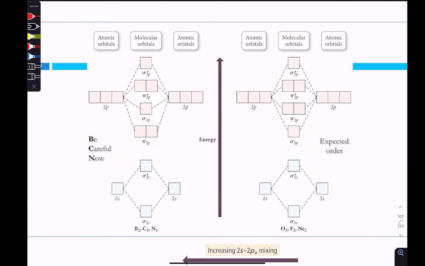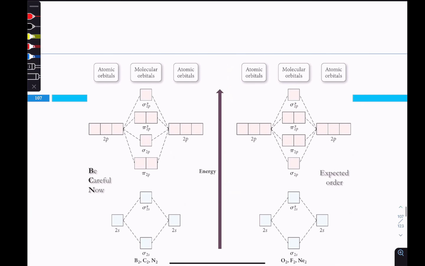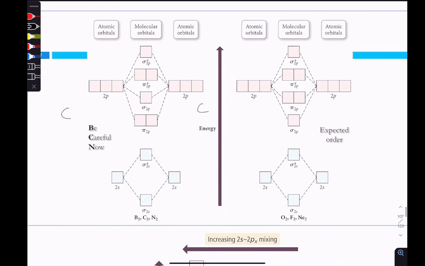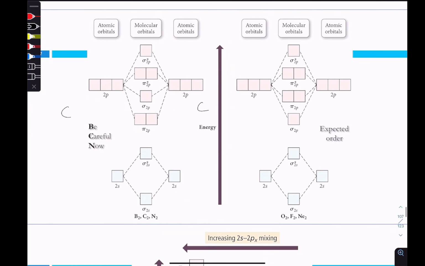So for example, let's do carbon. We've got a carbon over here, and we want to fill in the valence electrons for each of these on their respective sides. So how would I fill in the valence electrons for carbon? One, two.